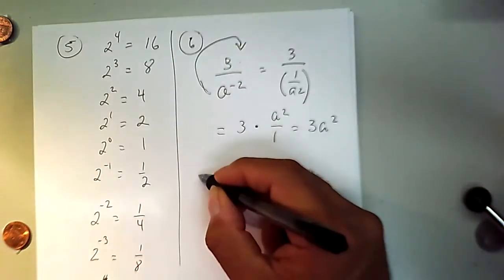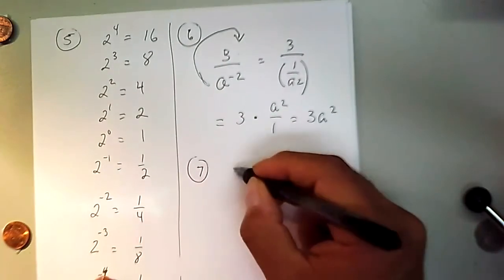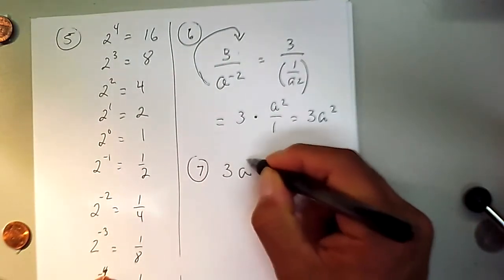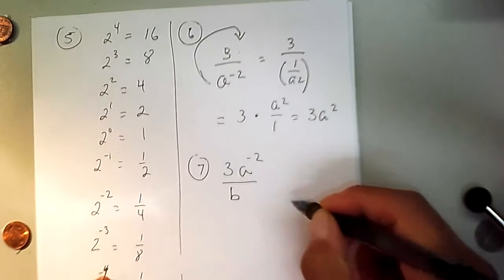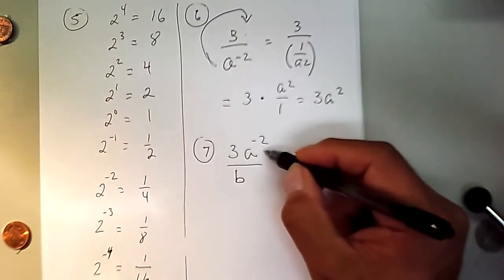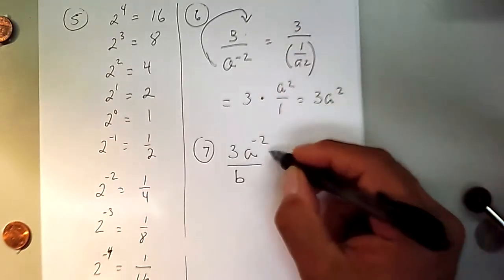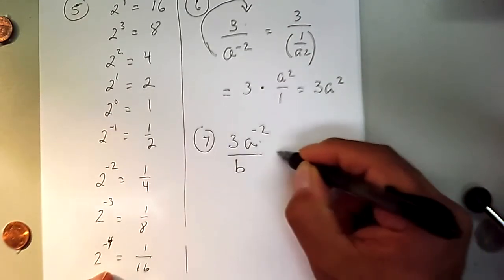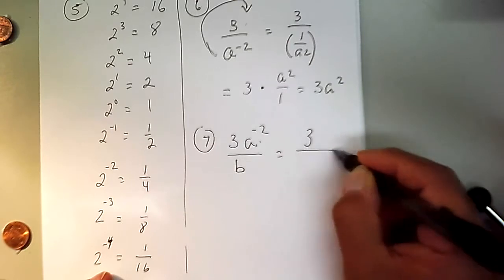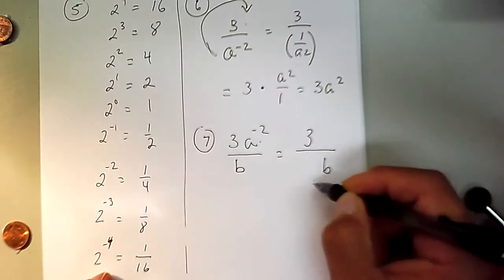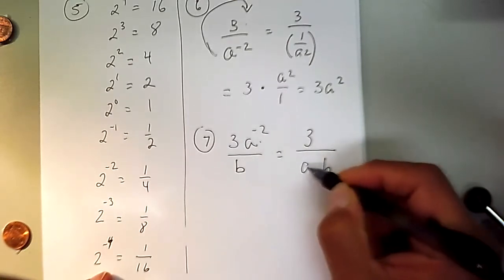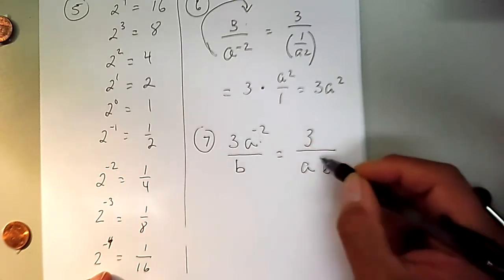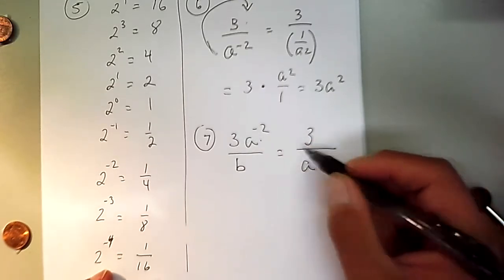If you have, say, example 7, 3a to the negative 2 over b, this is the same thing. Moving the a to the denominator: keep the 3 in the numerator, keep the b in the denominator, and put the a on the other side of the fraction line with the opposite exponent.